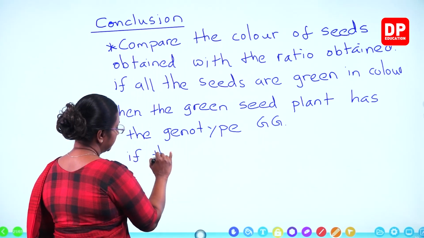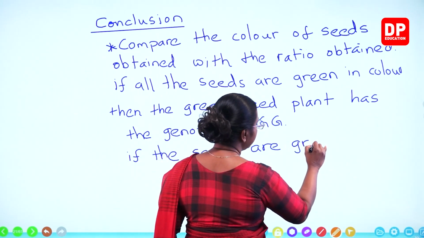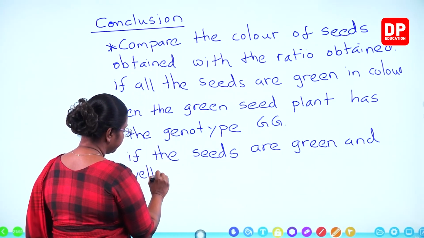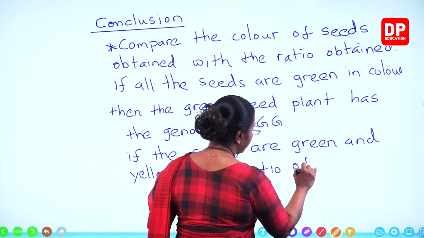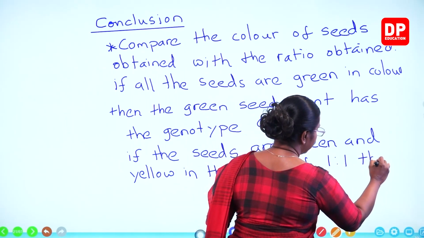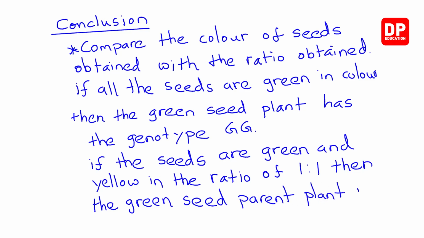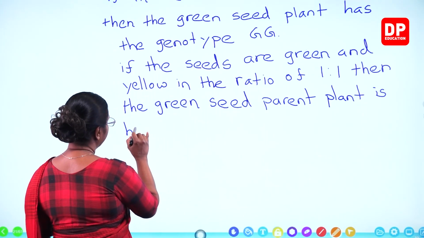If the seeds are green and yellow in the ratio of 1:1, then the green seed parent plant is heterozygous.